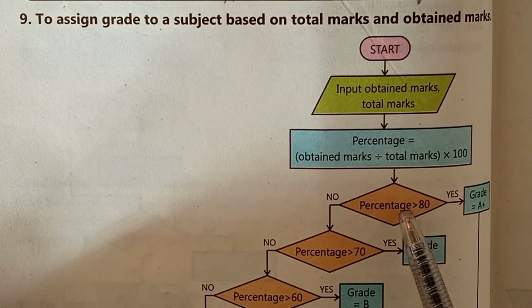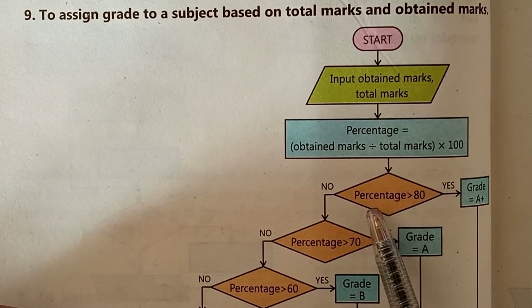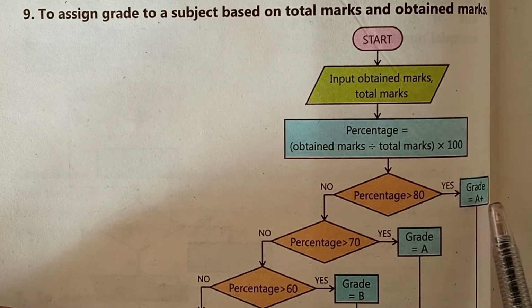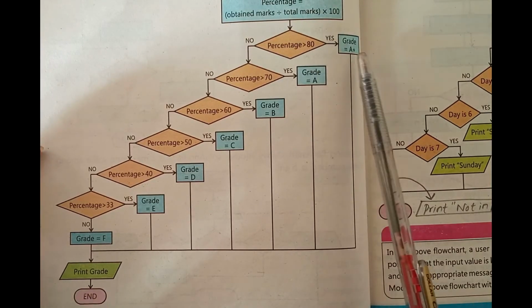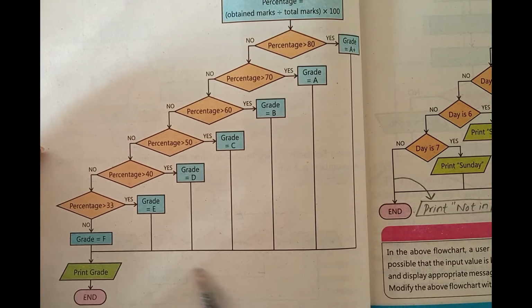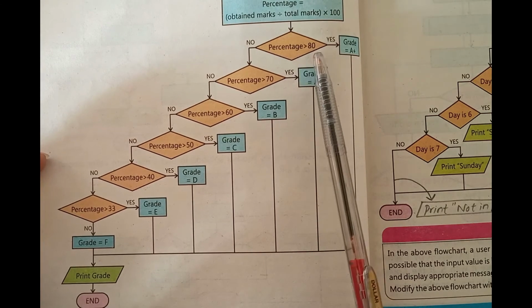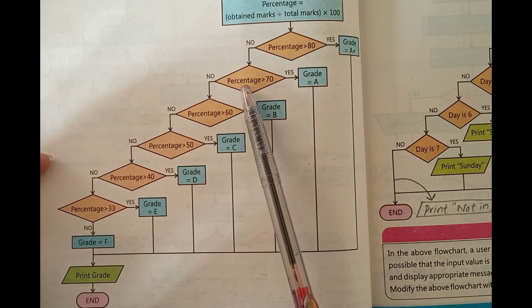Now here we have a condition again: if percentage is greater than 80, then the grade will be A plus. If the condition is fulfilled, then grade is equal to A plus, and then it will print grade and end. If the percentage is not greater than 80, then it goes down.